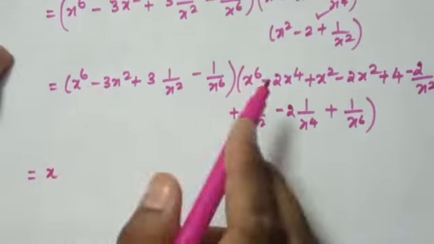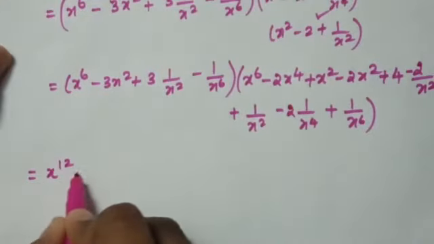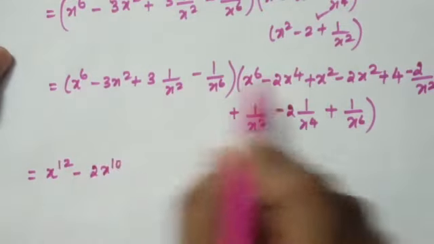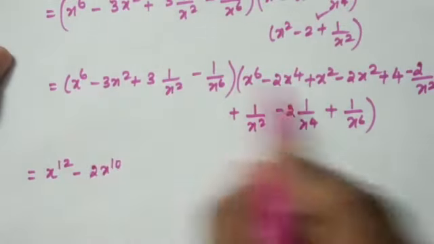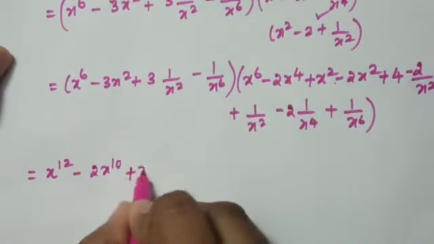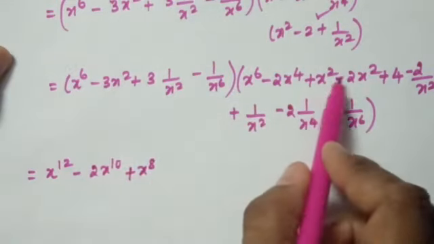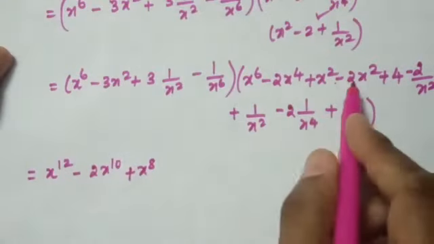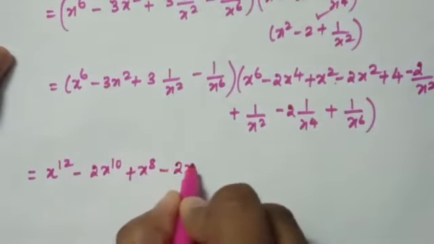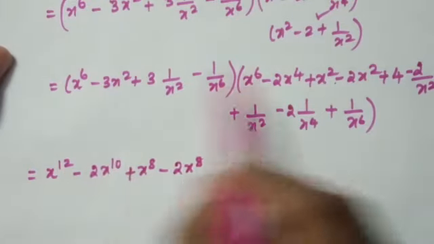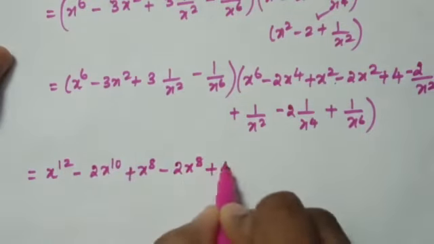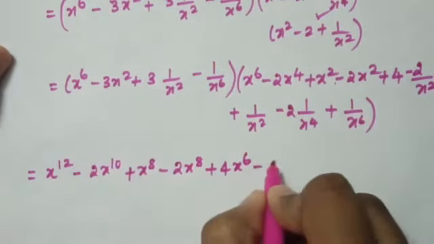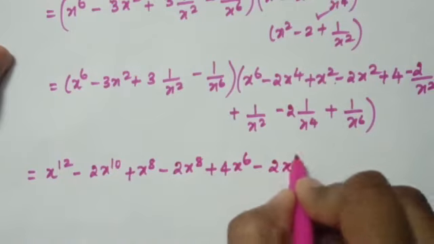So x power 6 into x power 6 is x power 12, minus 2 into x power 10. x power 6 into 2 x power 4 is minus 2 x power 10, x power 6 into x squared is x power 8, and x power 6 into minus 2 x squared is minus 2 x power 8, and x power 6 into 4 is 4 x power 6, and x power 6 into minus 2 by x squared is minus 2 x power 4.